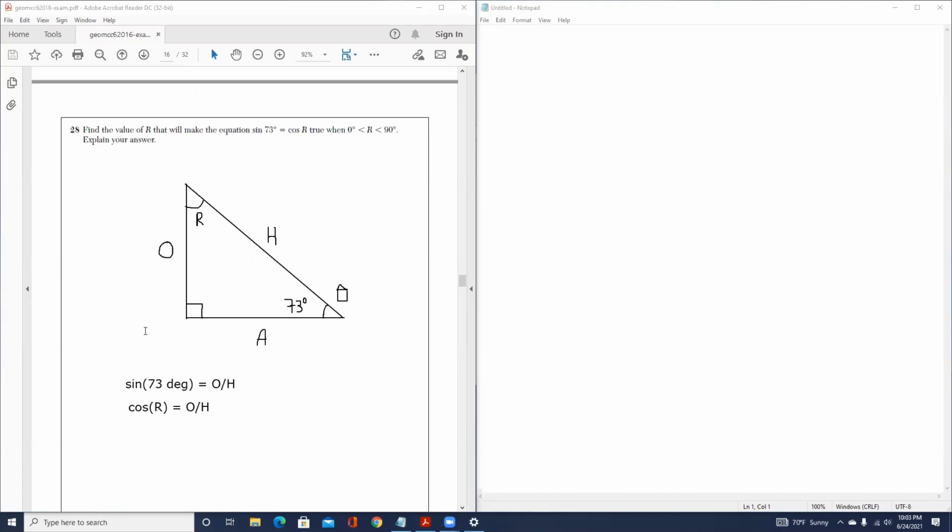So based on this, we know that sine of 73 degrees is equal to cosine of r. We can solve for r. If the interior angles of the triangle sum to 180 degrees, we've already got this 90-degree right angle, then we know that 90 equals 73 plus r. Solving for r will get you that r is equal to 17 degrees.